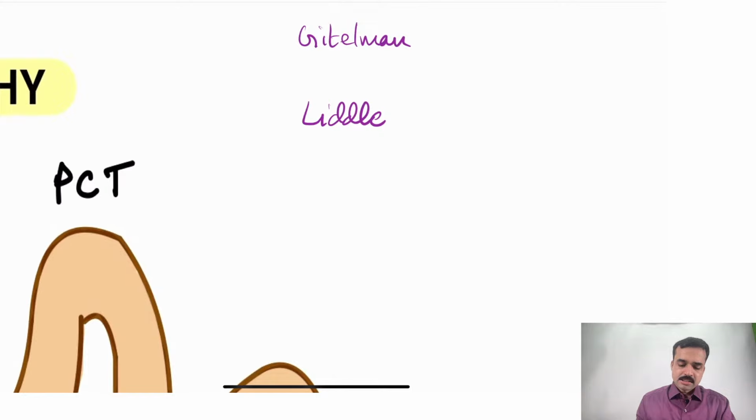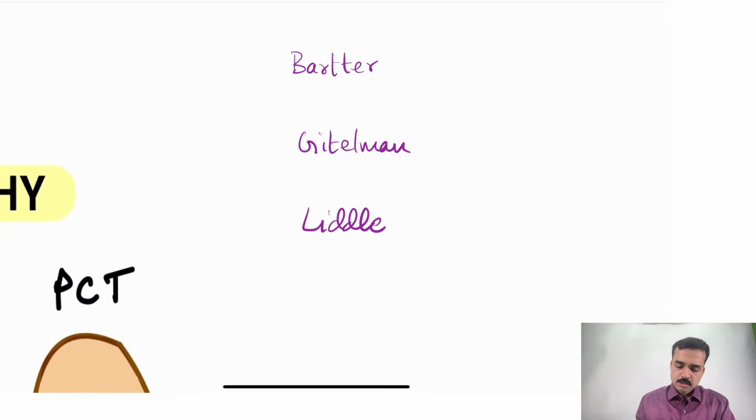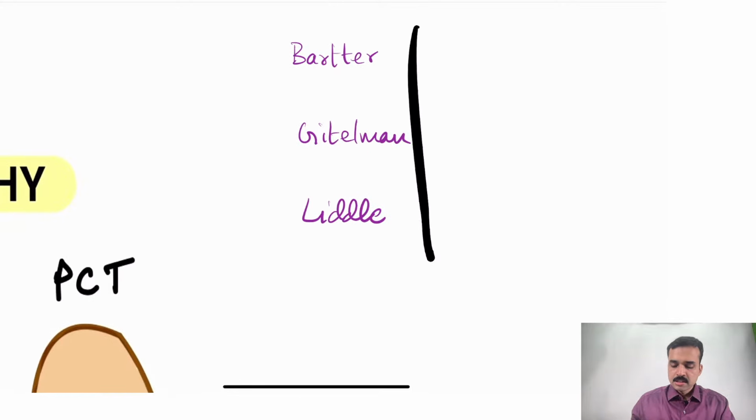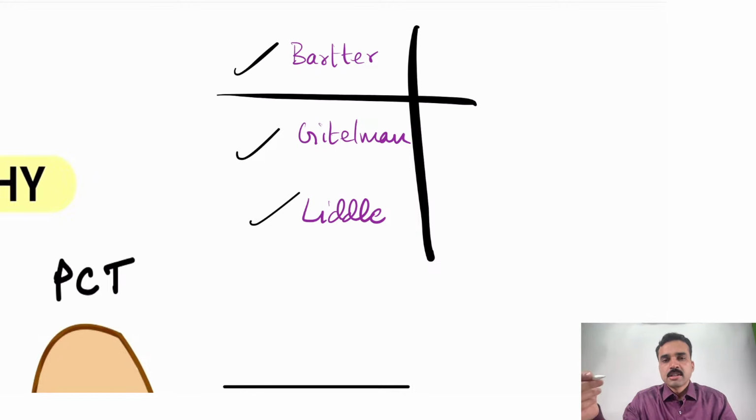Also keep in mind Gitelman, Liddle and Bartter syndrome. Okay, so these are also very frequently asked. Remember, any patient who has metabolic alkalosis, you automatically think of these three as possible causes. Okay, the difference being Bartter's, very much like loop diuretic effects. The patient will not have hypertension. They'll be normotensive, normal BP.